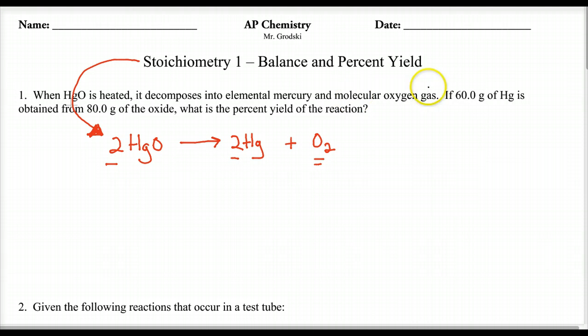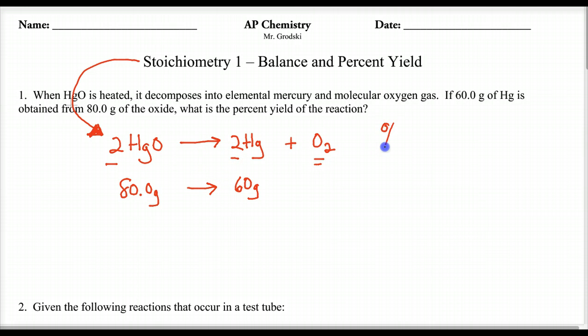So in review, we have 60 grams of mercury that has been produced from 80 grams of the oxide. We want to see what our percent yield is.